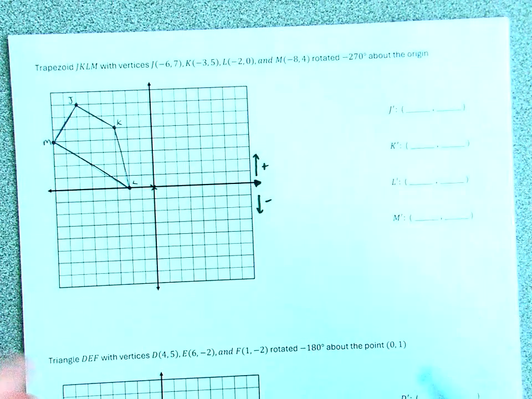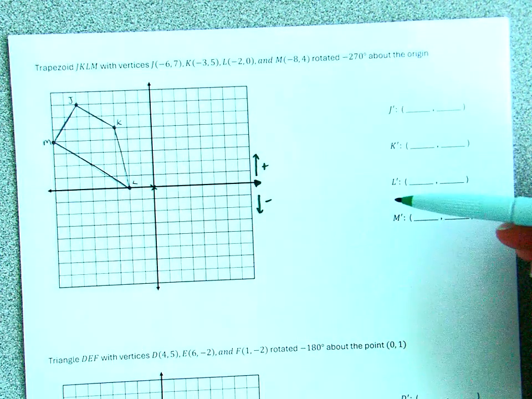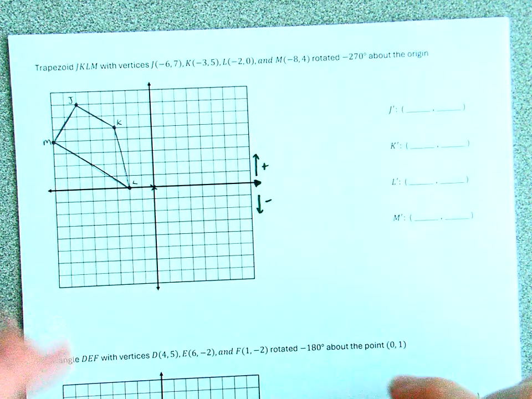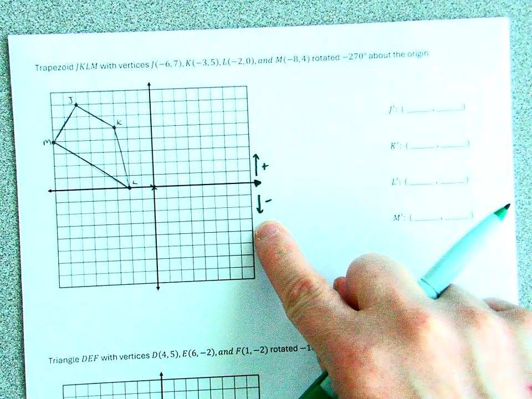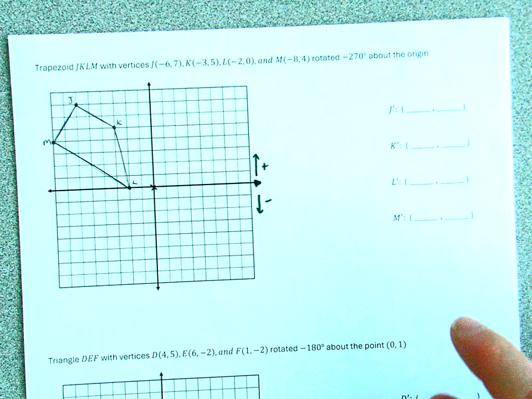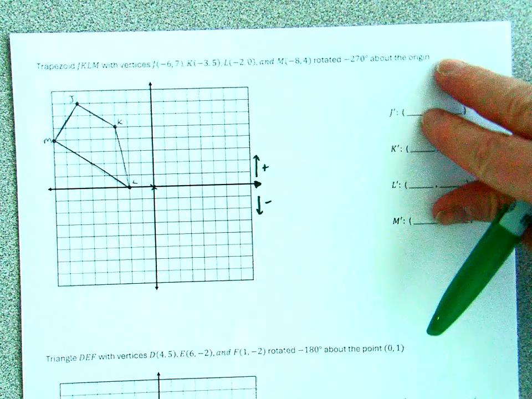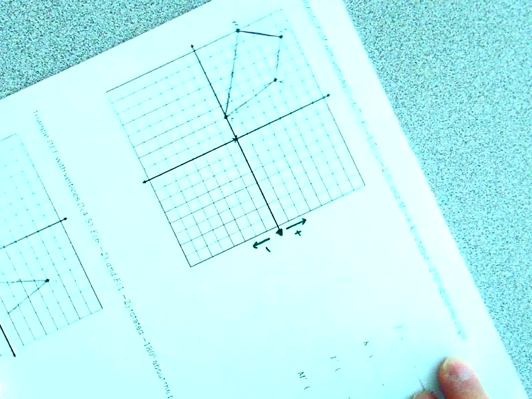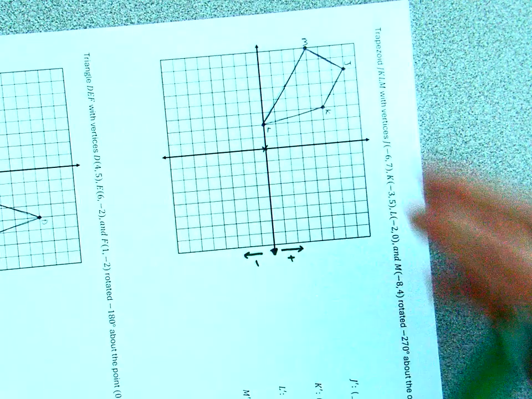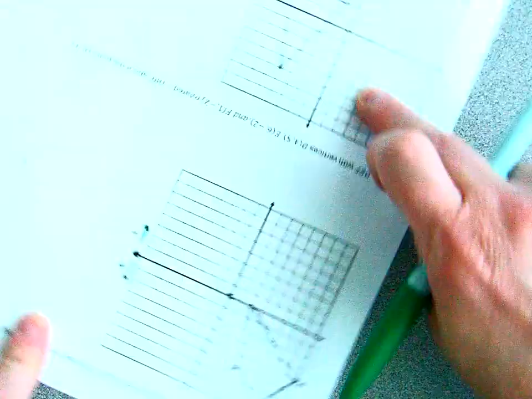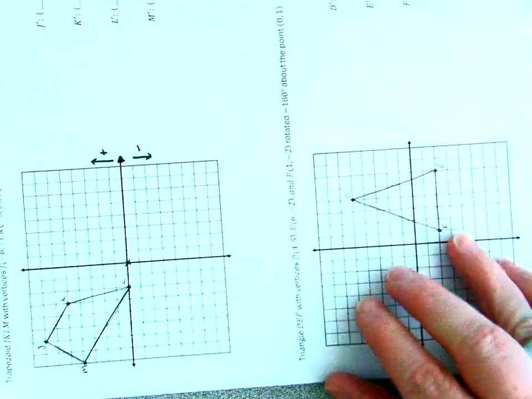So 270 is an increment of 90, right? This is going to be 90 three times. So all I'm going to do is turn it downwards for a negative angle, 3 turns, to the right to make 270. So this is 90 degrees, right? This is 180 degrees. This is 270 degrees.